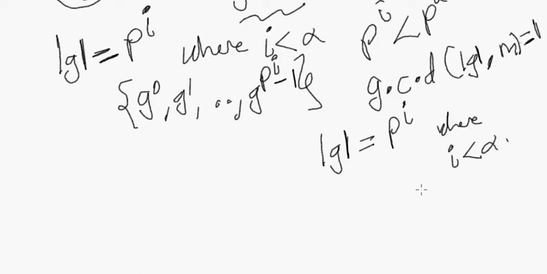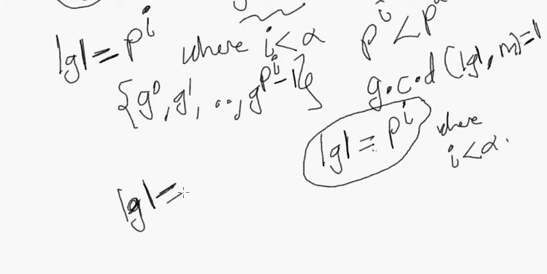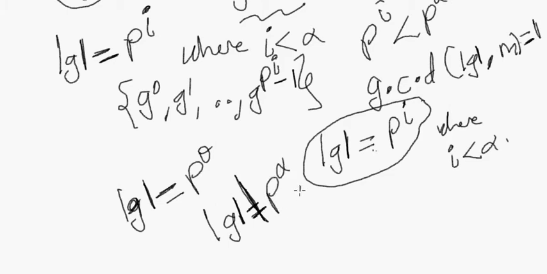Because if we show that no smaller power than alpha works, and that the order of G has to be of the form P to the theta for some theta, doesn't that mean that if no power smaller than P to the alpha works, but the order of G definitely divides P to the alpha by Lagrange's theorem, doesn't that necessarily mean that the order of G has to be P to the alpha?